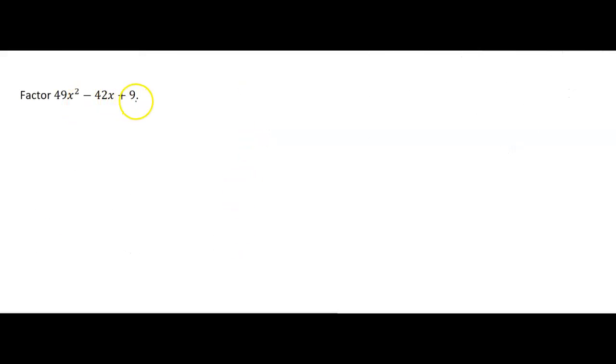49x squared minus 42x plus 9. Now notice that this is subtraction in the middle, but that's okay. All right, 49x squared, that's a perfect square. That's 7x squared. And then the back term, 9, that's a perfect square, right? 3 squared. So this is like my A and this is like my B. So the question is, is the middle term 42x? Now don't forget there's a minus sign in there, but let's just look at it.